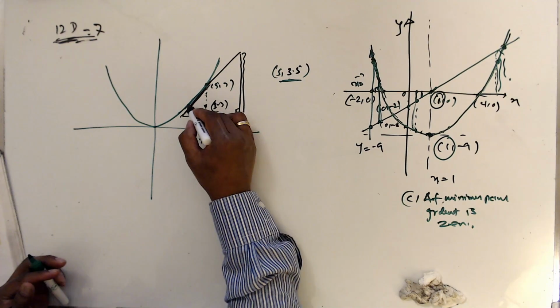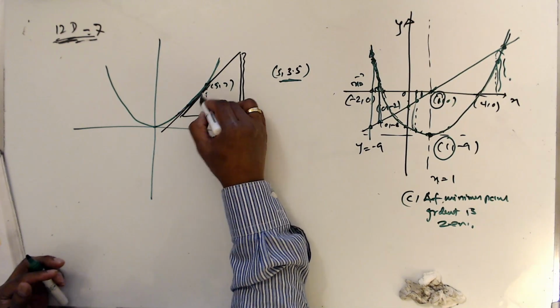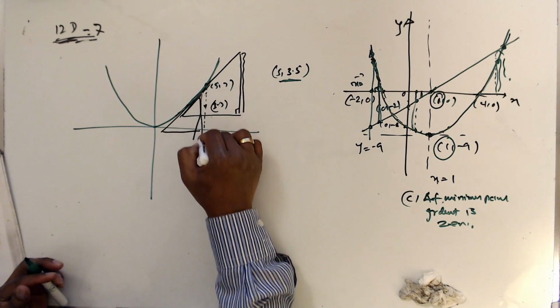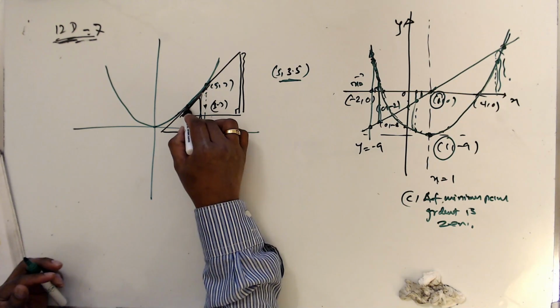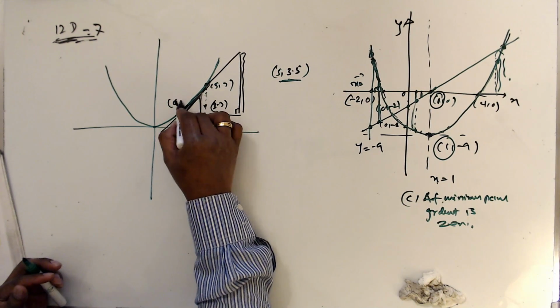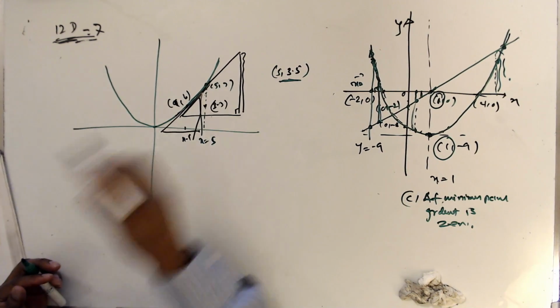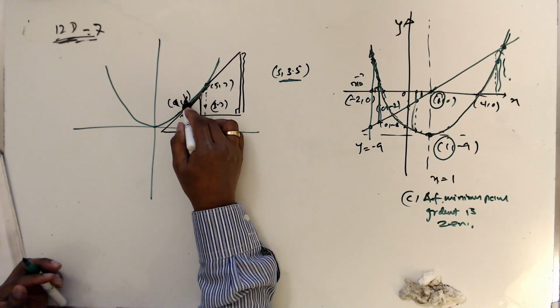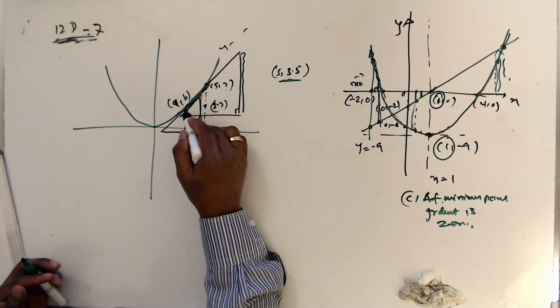So I can do a different one. When x equals 4, same thing. This is (4, 6) on the curve. I just assume these y values, otherwise you need to give the equation.